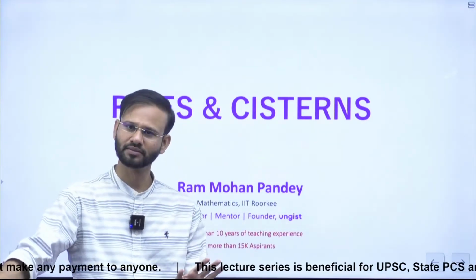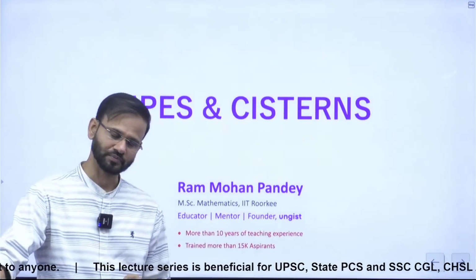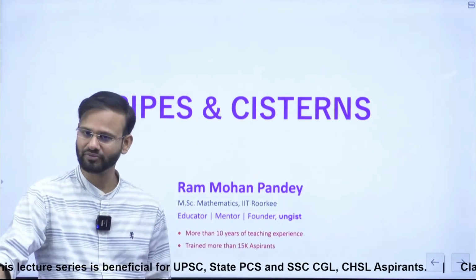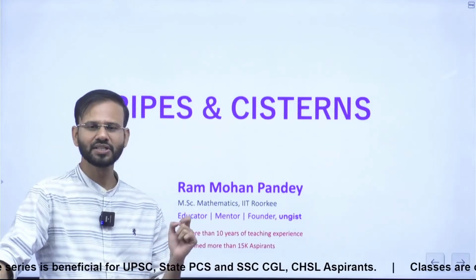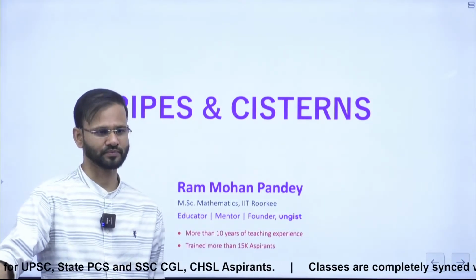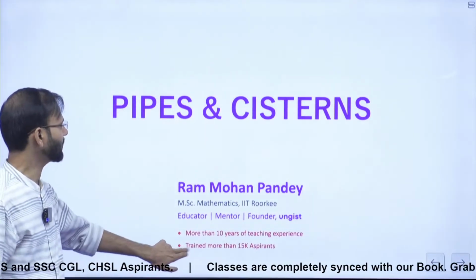Guys, is it clear? So here we have the concept of negative work also. And how you are going to tackle that negative work? Obviously the efficiency will be represented with the minus sign. Clear guys? So let's take some examples.